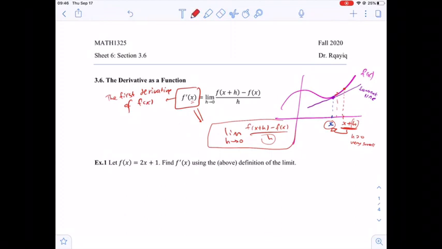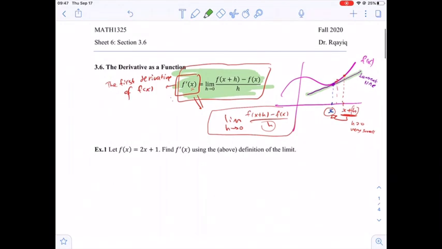Keeping this in mind, remember that geometrically, the derivative, this formula here, is the slope of the tangent line at a specific point. So the slope of the tangent line is the interpretation of the derivative. Keep this in mind and let's do some examples.